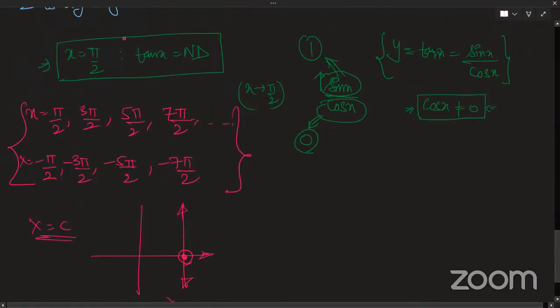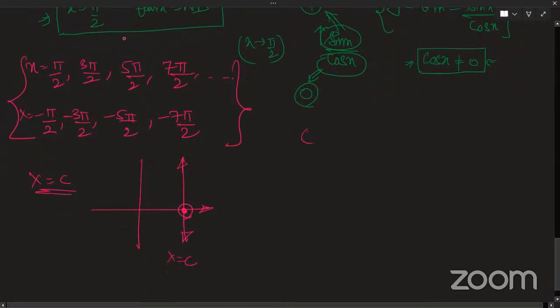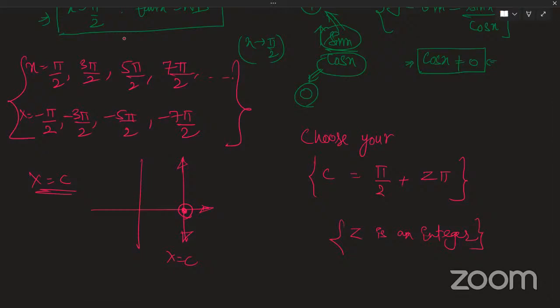So I am telling you, choose your c. You choose your constant c to be any value pi by 2 plus z pi, where z is an integer. You choose any value of z, 1, 2, 3, 4, 5, 7, minus 11, or any integer value you choose, and you pull your line x is equal to c.